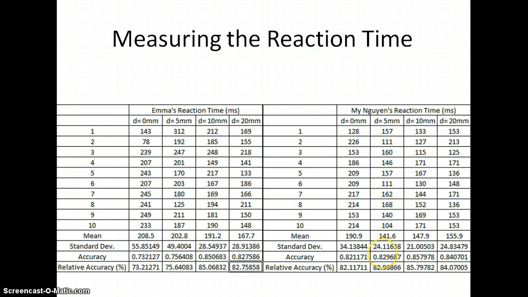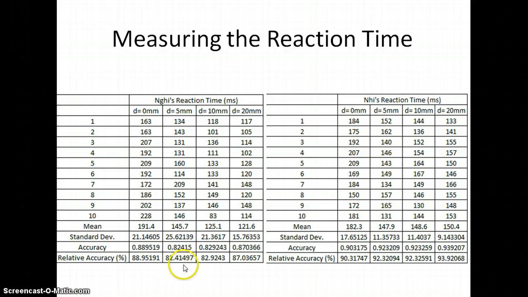The standard deviation is 34.14, which is really small compared to Emma in her first column, which got the standard deviation of 55.85. And also the accuracy in this column is much better than the one of Emma.